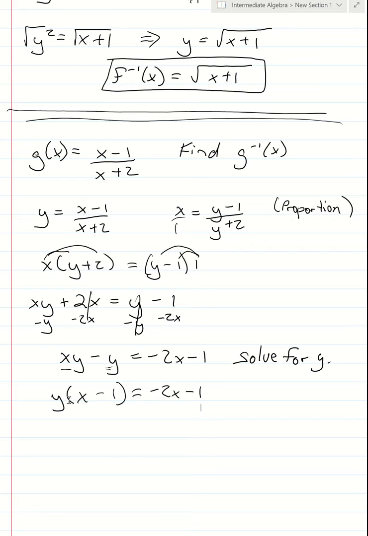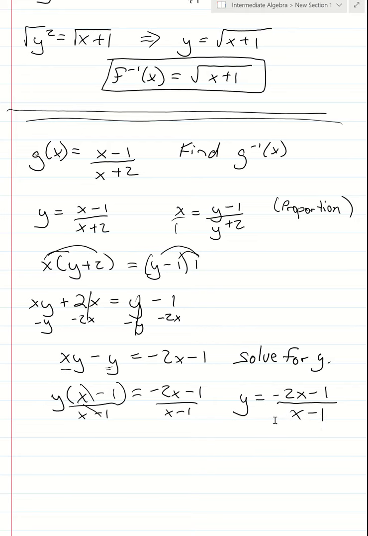And so now for our very last step, to get the y by itself, since it's being multiplied with the x minus 1, we're going to have to divide both sides by x minus 1. And in doing so now, we can simplify, and we would have that y equals the negative 2x minus 1 divided by x minus 1.